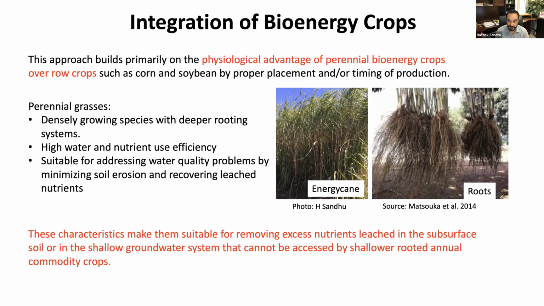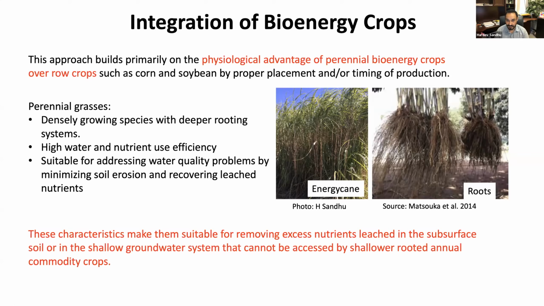If you grow energy cane, which is used for cellulosic ethanol production, it's a dedicated feedstock for cellulosic ethanol production. So it has a very extensive rooting system, and that improves its water and nutrient use efficiency. So these bioenergy crops have very high water and nutrient use efficiency. And they're suitable for addressing water quality problems by minimizing soil erosion.